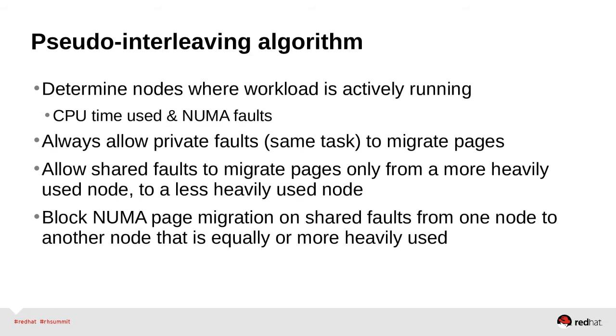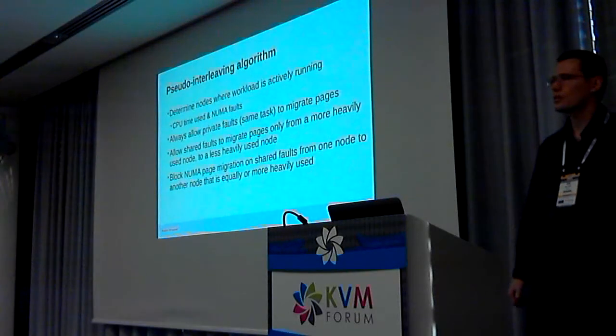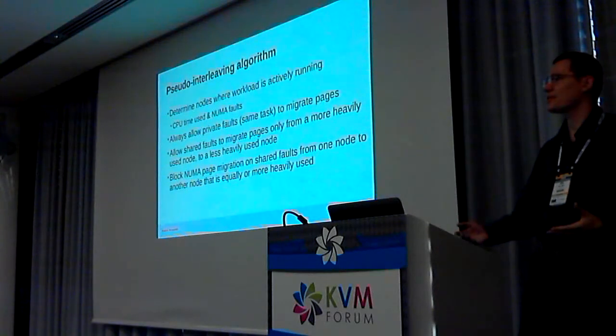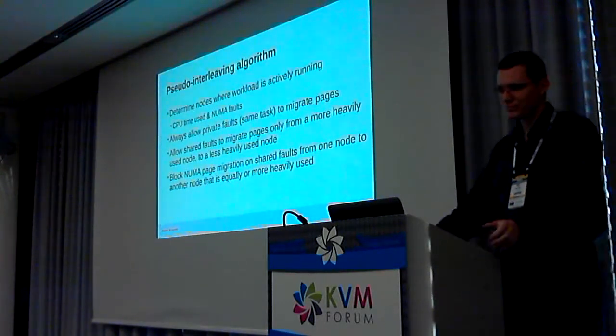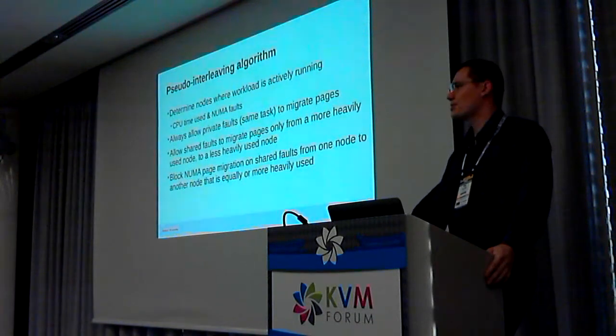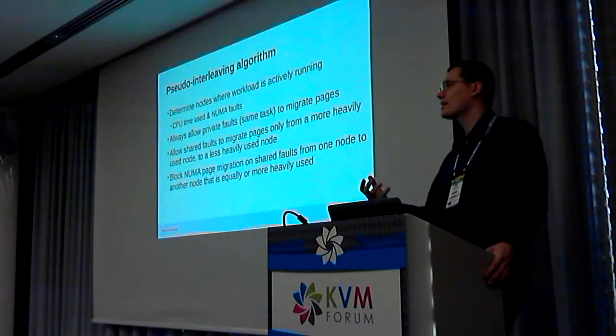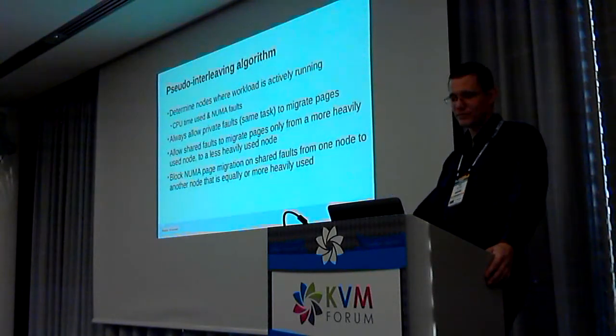To do that, we look at all the statistics that we have. We figure out which nodes the program is using really actively. Private faults are always allowed to migrate. If it is only that thread using the memory, it should have it locally, and we don't care about the rest.